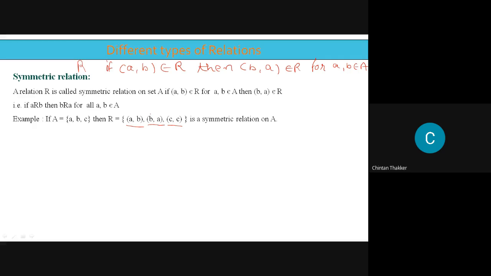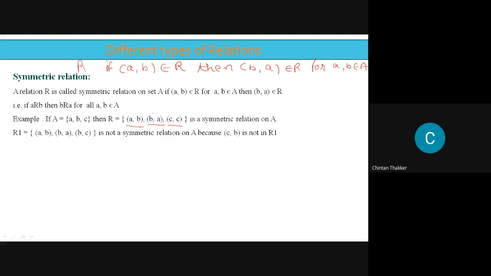But suppose we have a relation where (a, b) is there, (b, a) is there, and (b, c) is there. Here the reverse pair of (a, b) is (b, a), which is in R1, but the reverse pair of (b, c) is (c, b), which is not in R1.